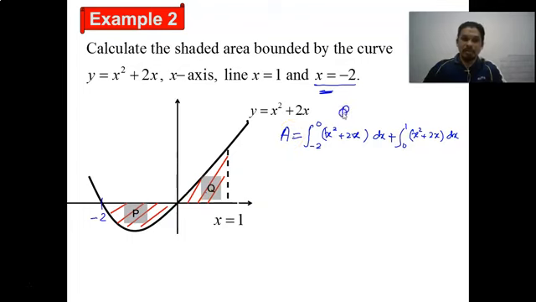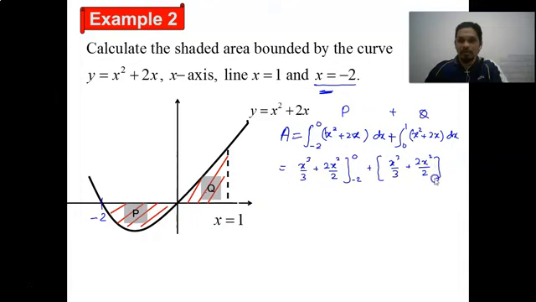So just imagine that this is P plus Q. Now the integral of this comes out with x cubed divided by 3 plus 2x squared divided by 2, from -2 until 0, plus x cubed divided by 3 plus 2x squared divided by 2 from 0 until 1. So 2 divided by 2.